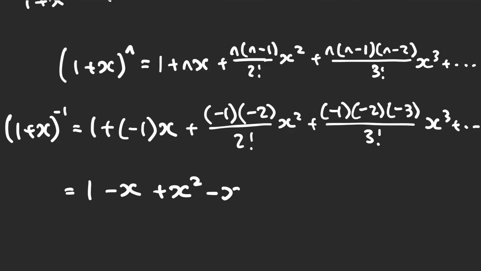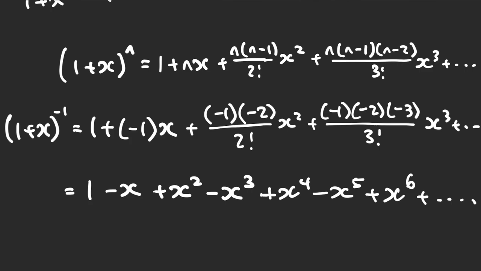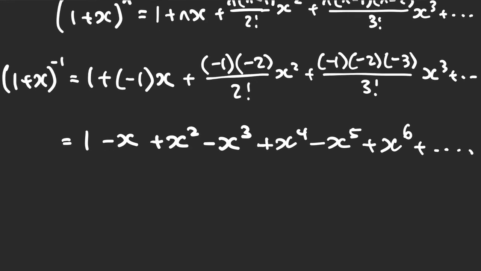So we've got a negative x cubed. And I don't know if you can see, but this pattern of alternating positive and negative is going to continue forever. So we're going to have plus x to the 4, minus x to the 5, plus x to the 6, all the way off into infinity.